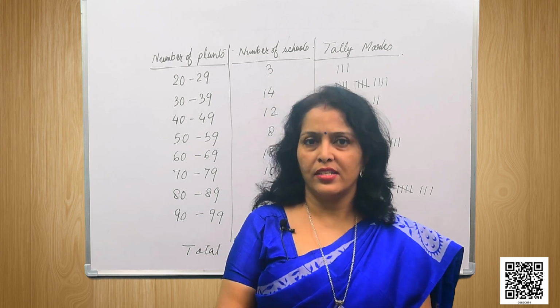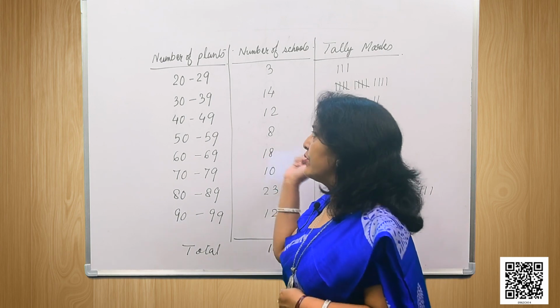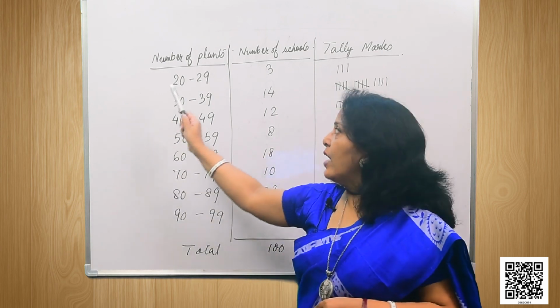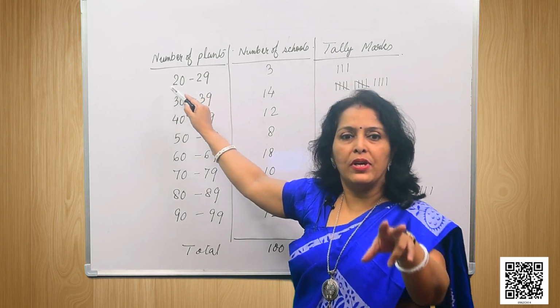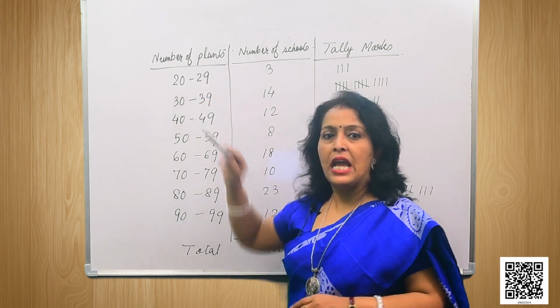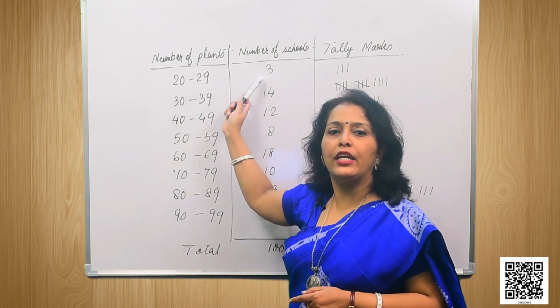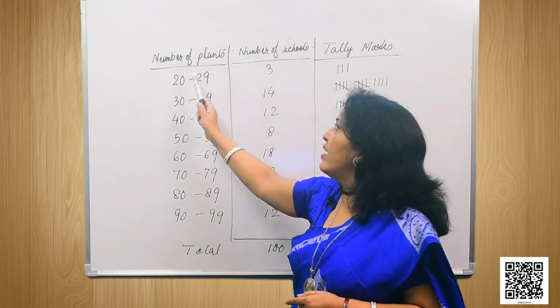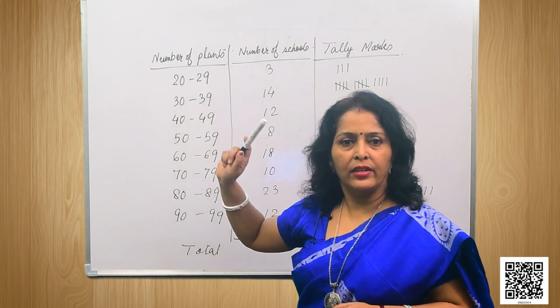With reference to the last example, I have drawn this table of frequency distribution. See here, I have already made the classes in this manner. All the numbers from 20 to 29 are included here, and we found that in this class we have only 3 schools where the number of surviving plants is between 20 and 29.